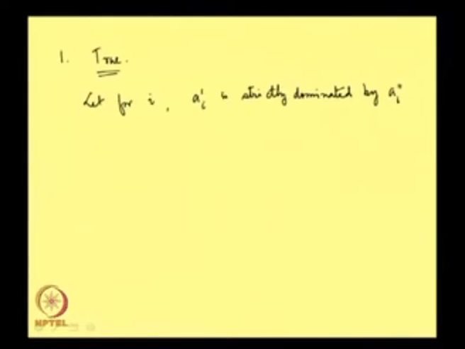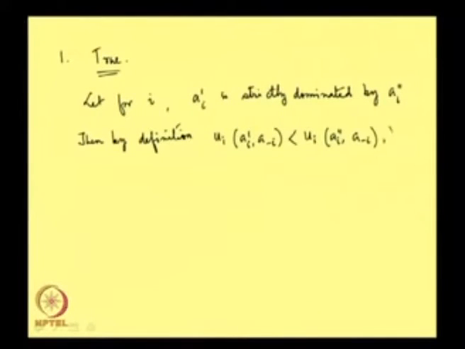Now, if this is true, then by definition it must be the case that player I should be getting less payoff if he plays a_i' rather than a_i'', given that the other players can take any action.